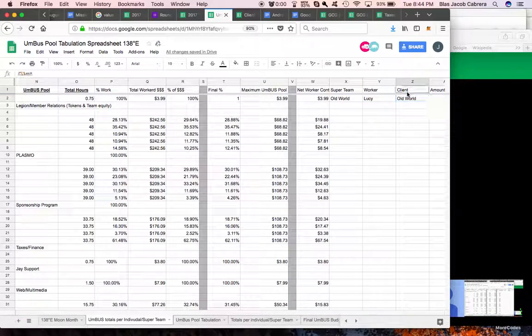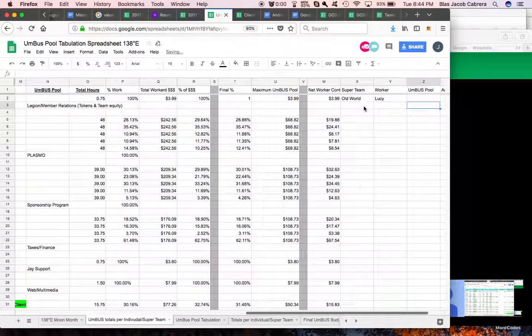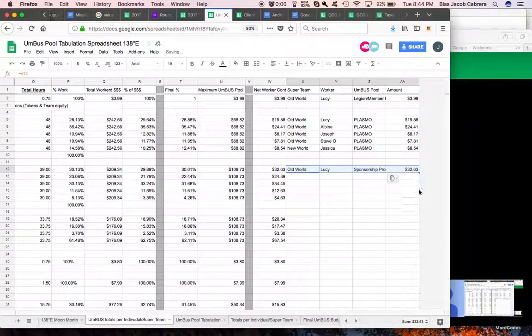The client is actually the UmBUSpool, and that is going to be C. And then the amount is already done. And then this is just going to get pulled down all the way across.